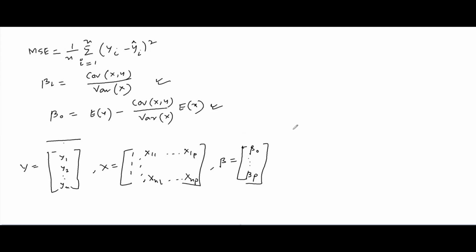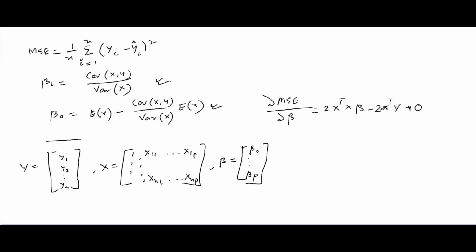Now when we do the derivative of MSE with respect to beta, it will create X transpose X beta minus 2 X transpose y plus 0.